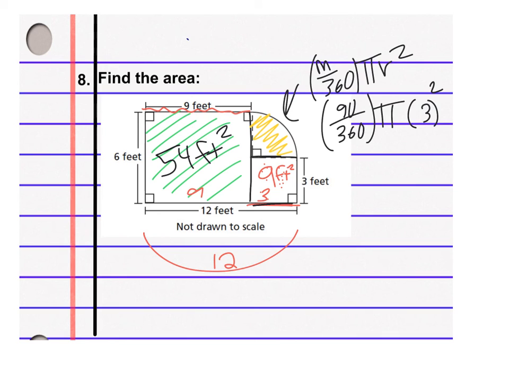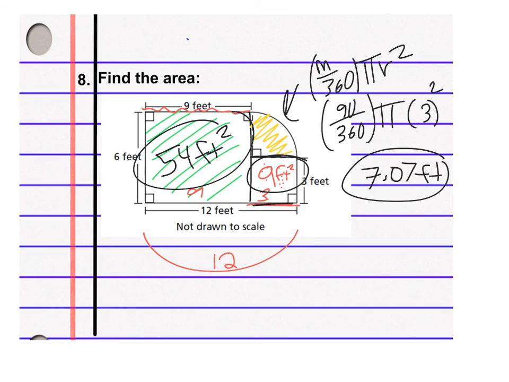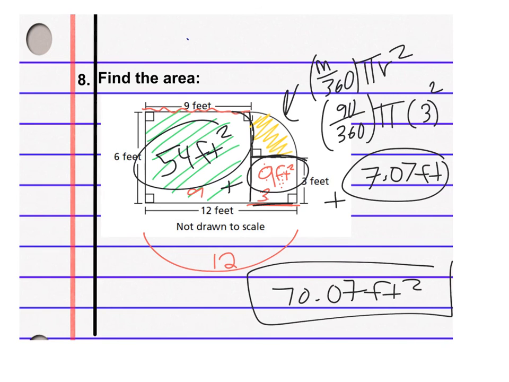That's basically the same thing. And you get 7.07 feet. And the last thing I need to do is add all 3 parts, 54 plus 9 plus 7.07. I'm getting 70.07 feet squared because this is area.